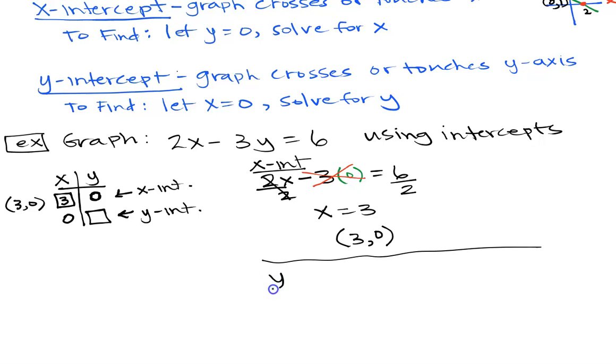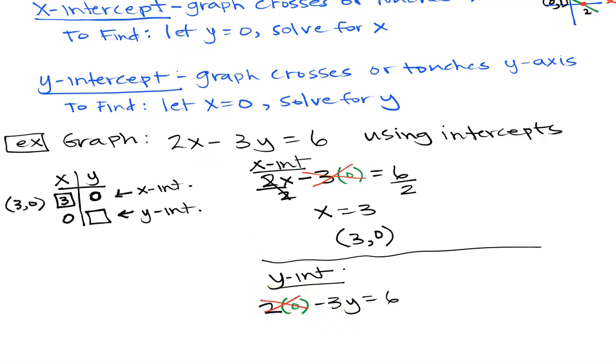And then for the y-intercept, same kind of thing. Now we're going to put 0 in place of our x. So 2 times 0 minus 3y equals 6. Again, 2 times 0 is just 0, so that part's gone.